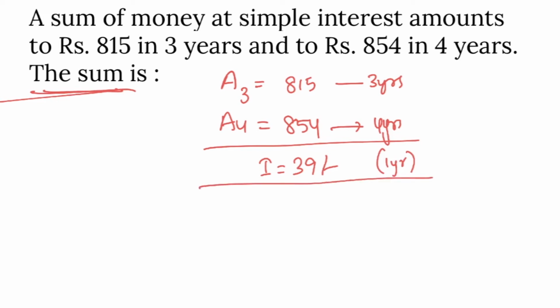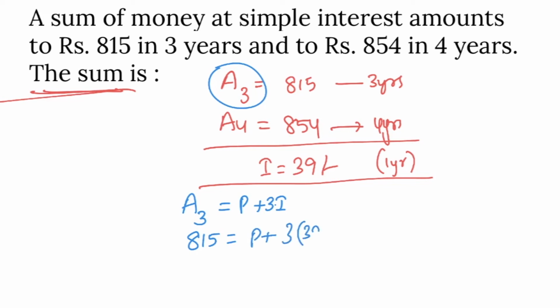That is similar to the previous problem. Using amount, amount is principal plus interest. Here the amount for 3 years is given. The amount for 3 years is principal plus interest for 3 years. The amount for 3 years is 815, which is equal to principal plus 3 years' interest, 3 into 39.